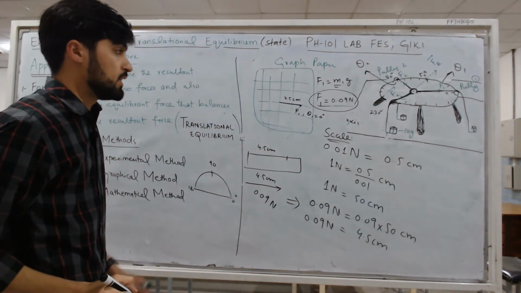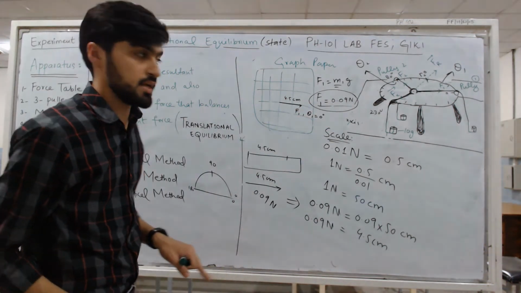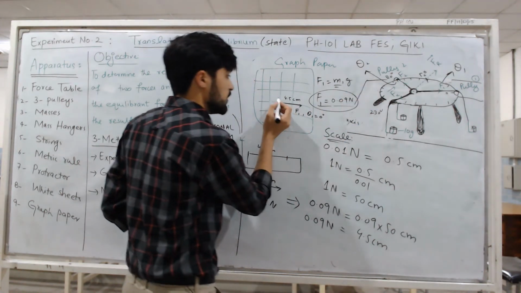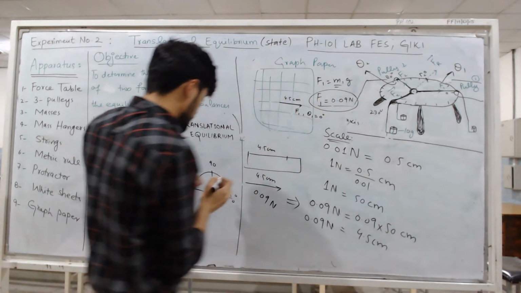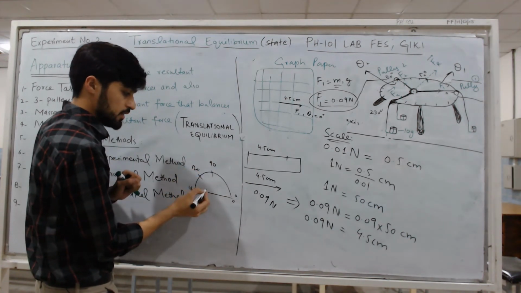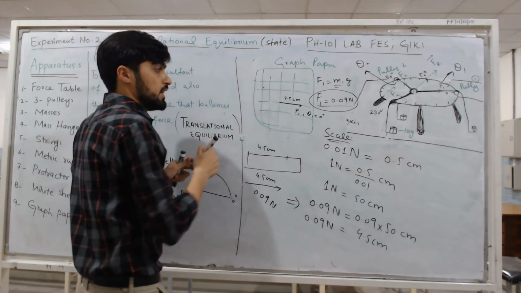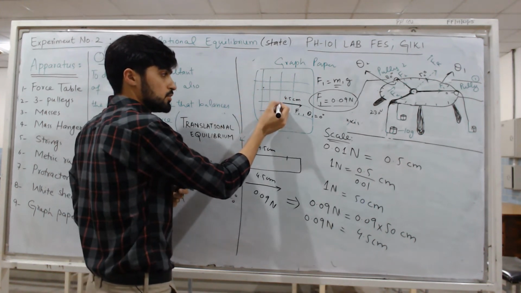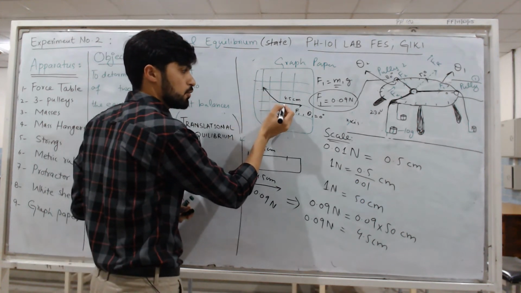Now, let's say our second force is also 0.09 Newton, but the angle is 120 degree. So exactly you will keep the protractor here, and then mark 120 degrees here, then you will place a dot in the direction of 120 degree, and then draw a vector of length exactly 4.5 centimeter.